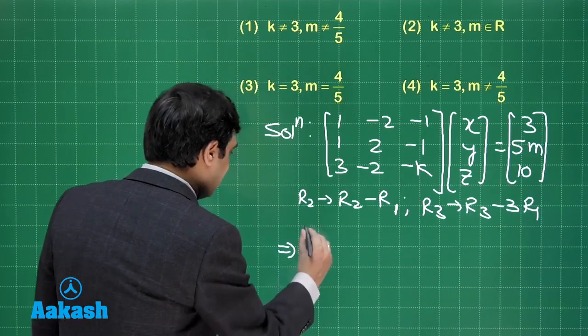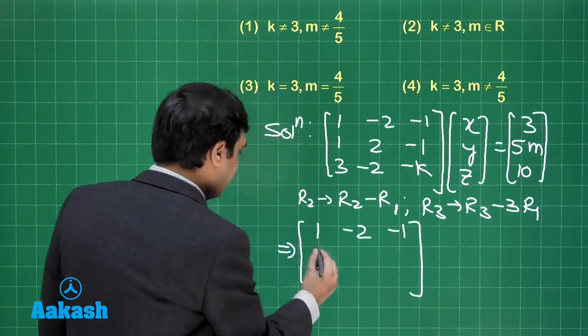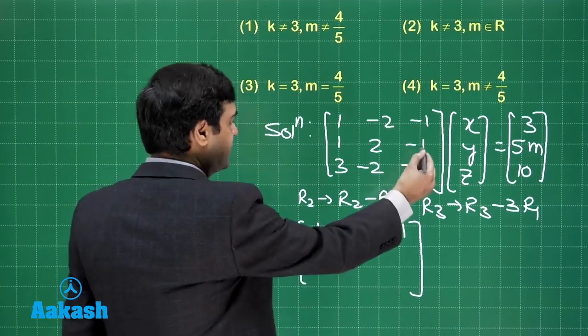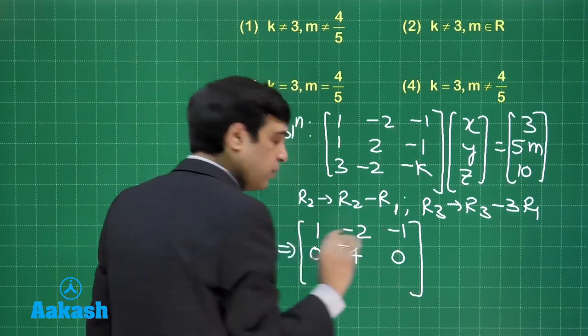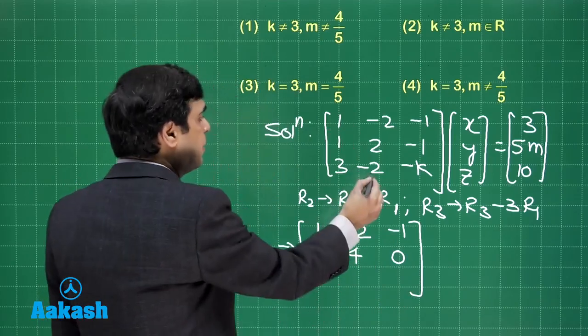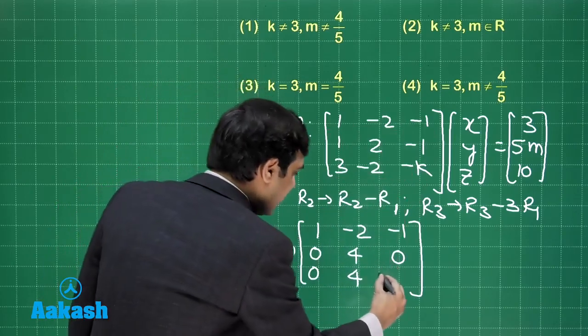So this gives me 1, minus 2, minus 1. This is 0. This is 2 plus 2, 4, and this is minus 1 plus 1, again 0. Clear? Next, 3 minus 3 is 0, minus 2 plus 6, that is 4, minus k plus 3.